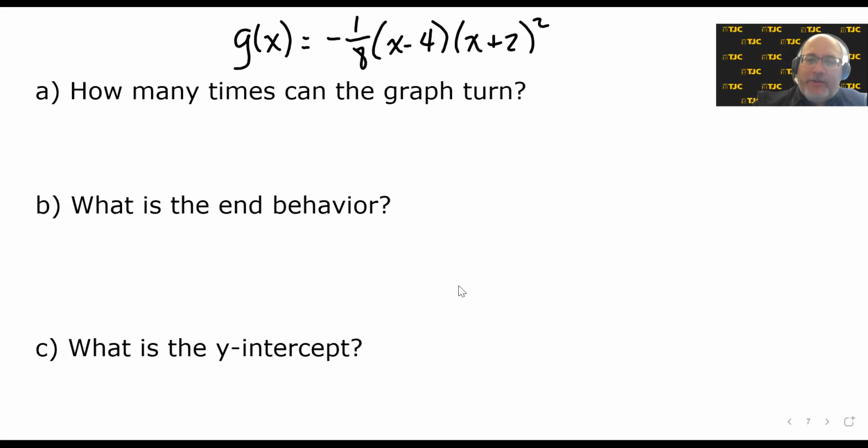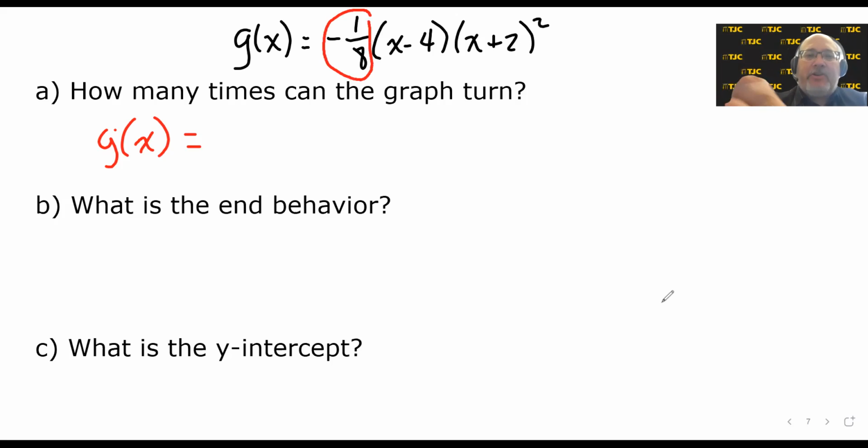So why don't we go ahead and take this function and determine its leading term. This is a skill that was demonstrated in, I believe it was the 3rd video, about finding end behavior for factored functions. To find the leading term of the entire function, we take the leading term of each factor.